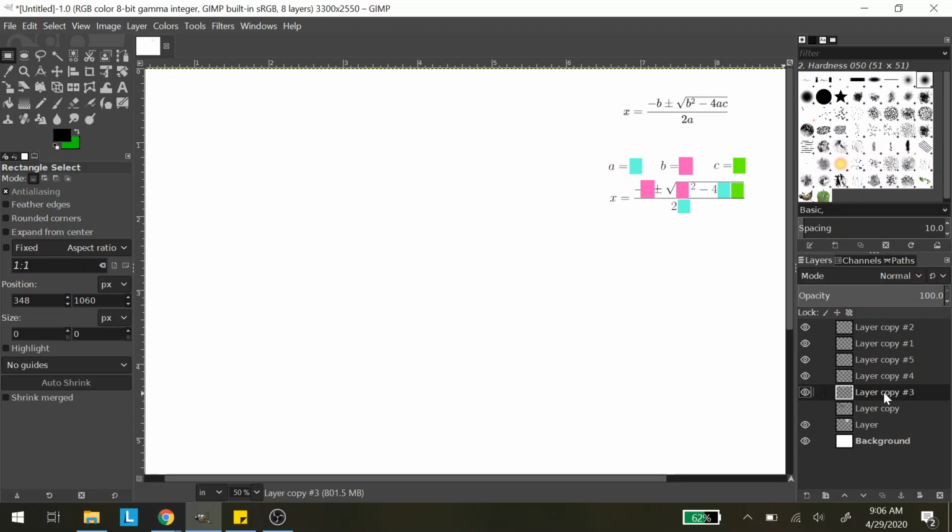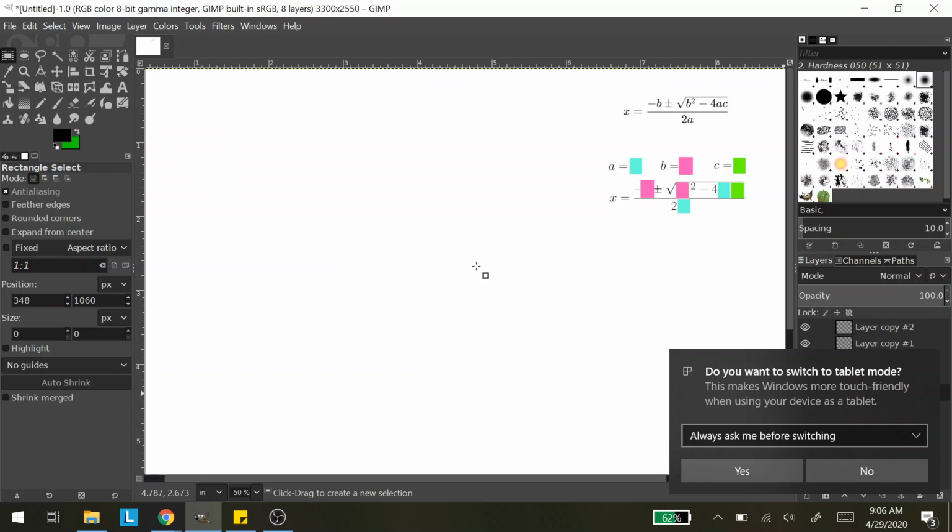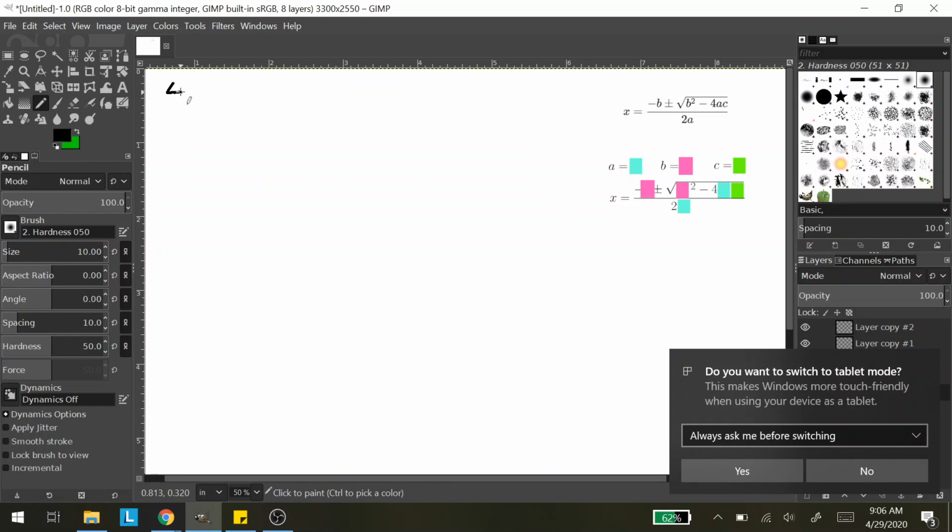So let's start with one that's going to come out fairly nice. Let's say that I have 4x squared minus 4x minus 8 equals 0.